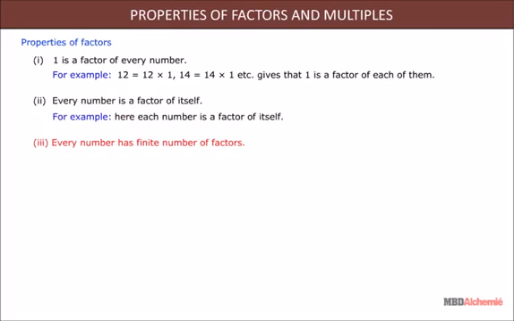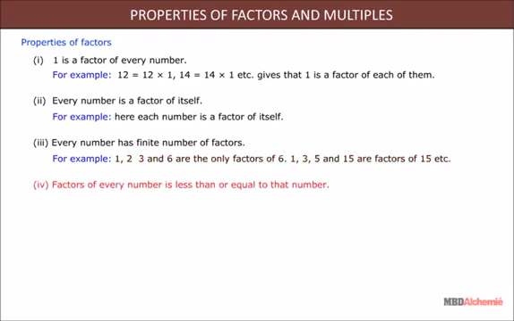Every number has a finite number of factors. For example, 1, 2, 3 and 6 are the only factors of 6. 1, 3, 5 and 15 are factors of 15, etc. Factors of every number are less than or equal to that number.